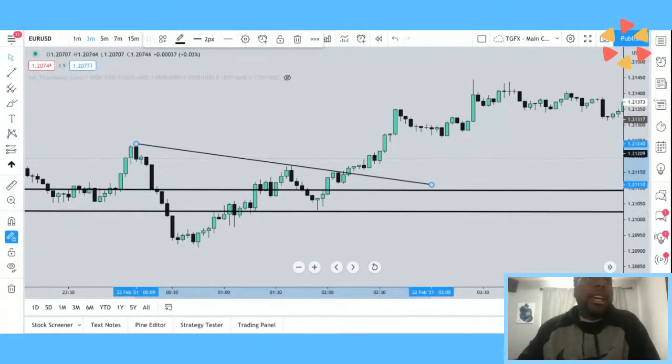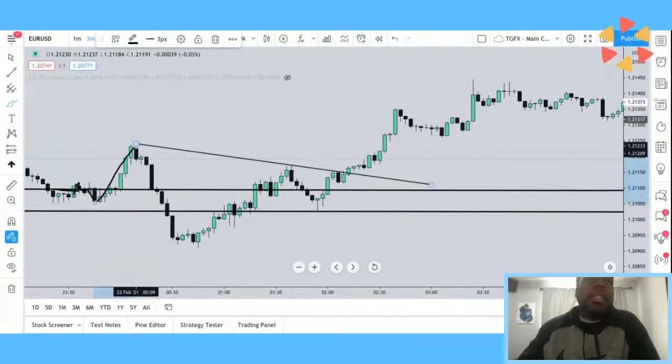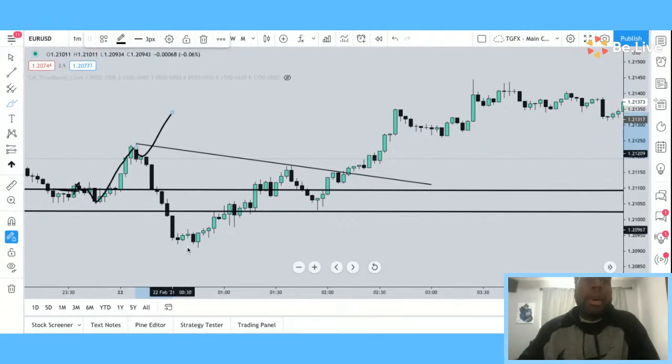Now, what I mean by that, as you see, we broke a level of resistance here and it pushed up, but it never gave us a rejection and then a continuation from that point, which means that price was not ready to transition. Instead, it stayed bearish and pushed lower again. Once again, we get a breakout here, but instead of getting a retest and a continuation, we just fall right back into the overall momentum at that time.